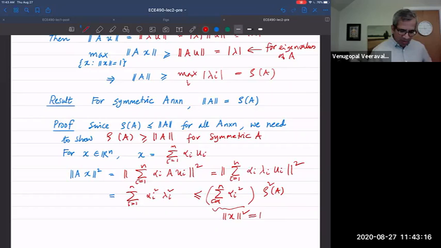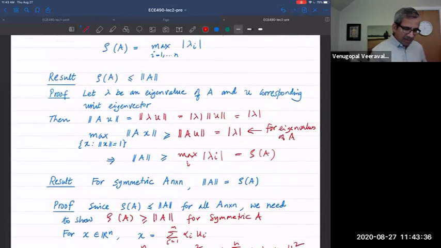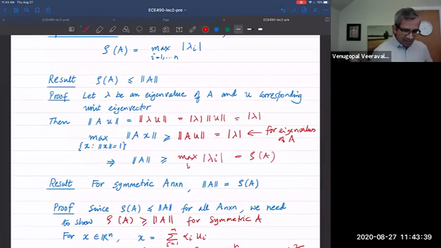In that case, this will be 1, and then you'll just conclude that the max over all unit norm x of norm A x squared is less than rho squared, from which you can conclude that the matrix norm is less than rho of A. So basically for symmetric matrices, the spectral radius is the same as the induced matrix norm, and that's why for symmetric matrices, this induced norm is sometimes called the spectral norm. Any questions?